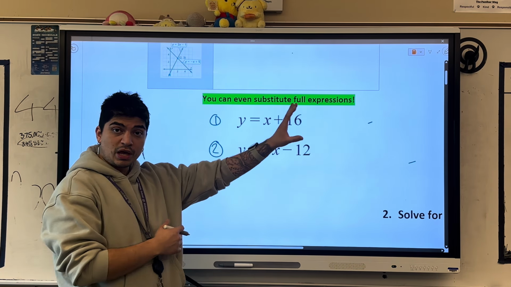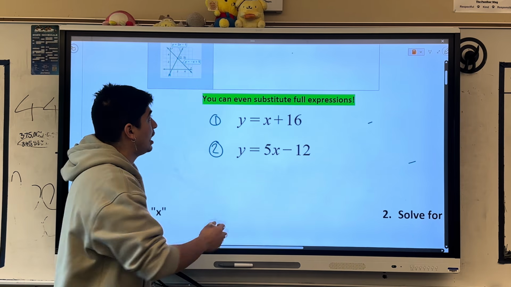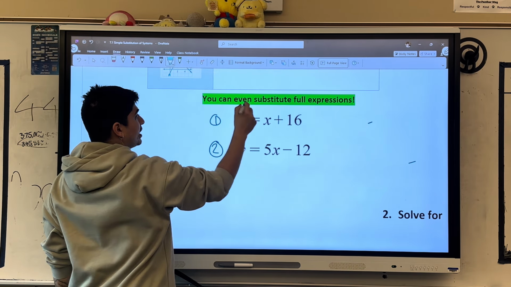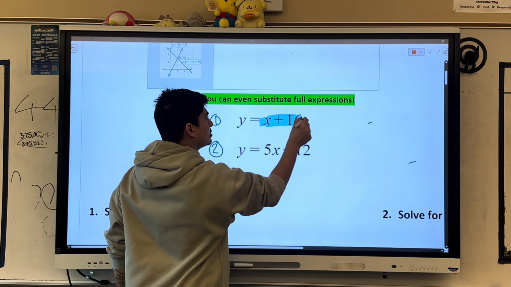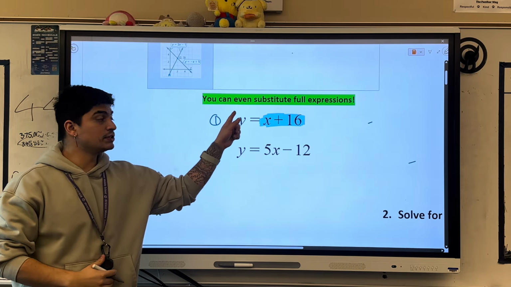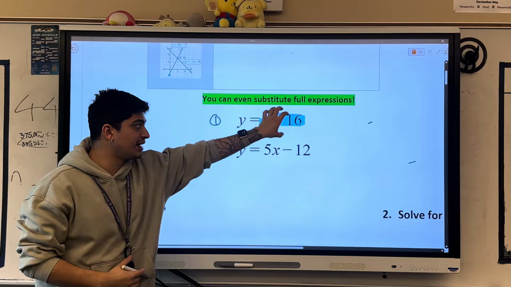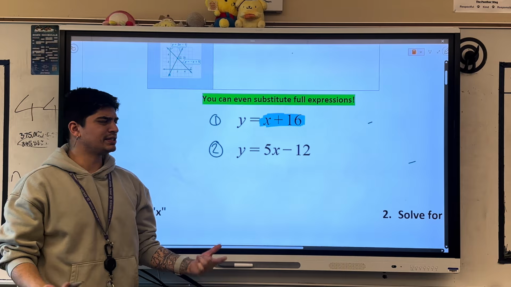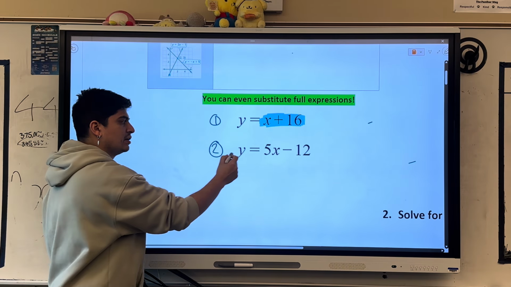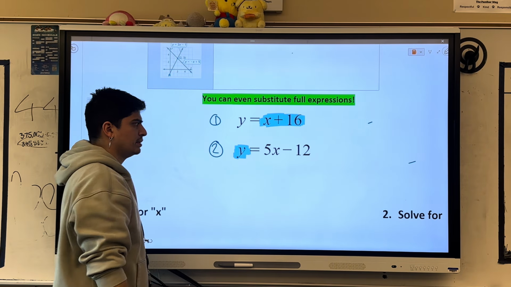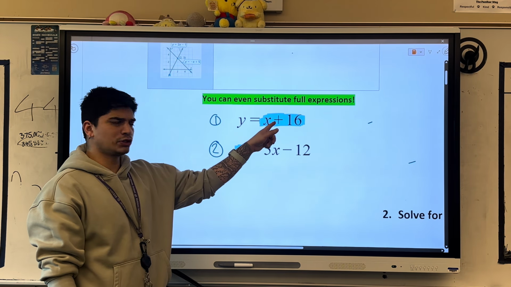Just like my baby one where I said x is 5, I am making a claim that this right here is y. I have said y is equal to this, which means if I substitute it right here, that's y, and that's also y.